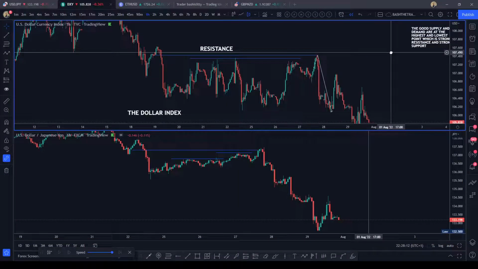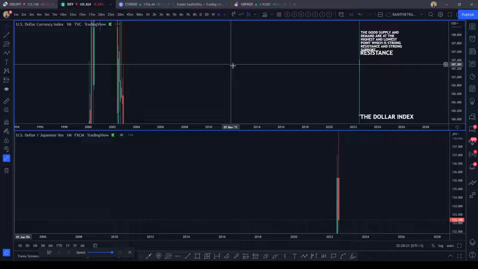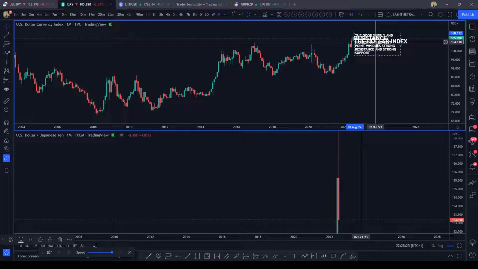But let's look at something else now. So if we go to the monthly time frame on the dollar index, let's go to the monthly to see something that I saw when I was looking at the DXY on the day I entered the USD yen, right? So let me delete this so that we can see the chart clearly.